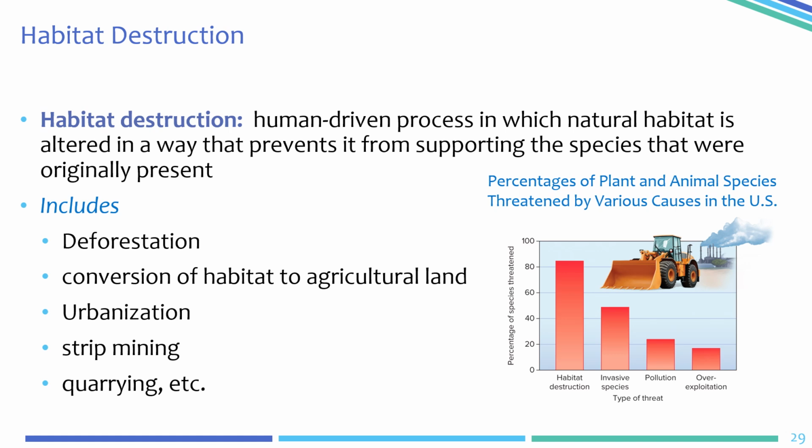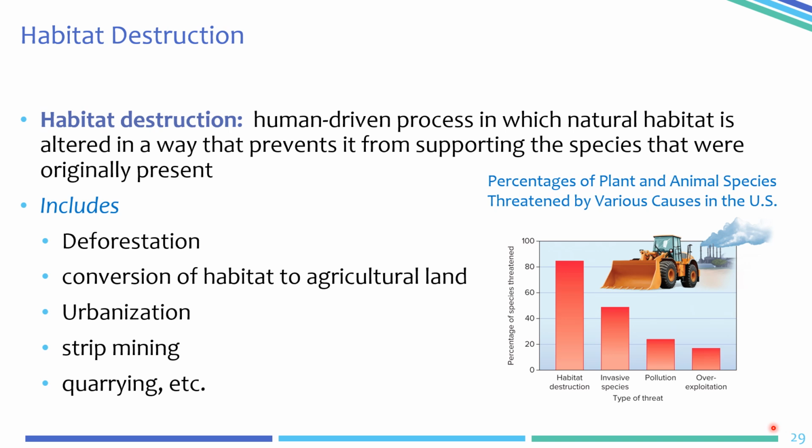Some of it is just urbanization, people looking for areas to build homes, so they clear a small area or a large area. Conversion of habitat to agricultural land to support those individuals who are urbanizing an area. Strip mining and quarrying are also reasons for habitat destruction.